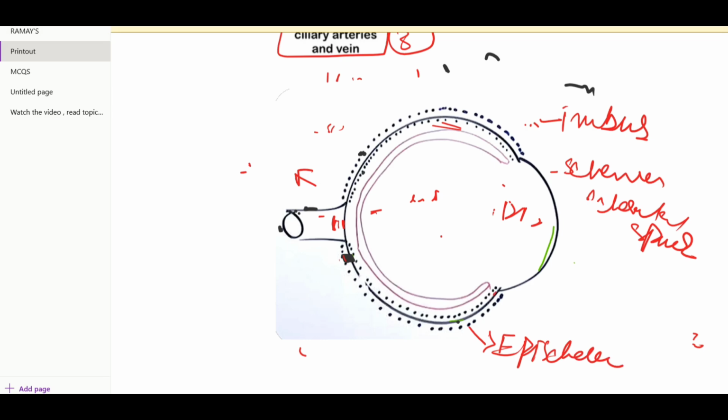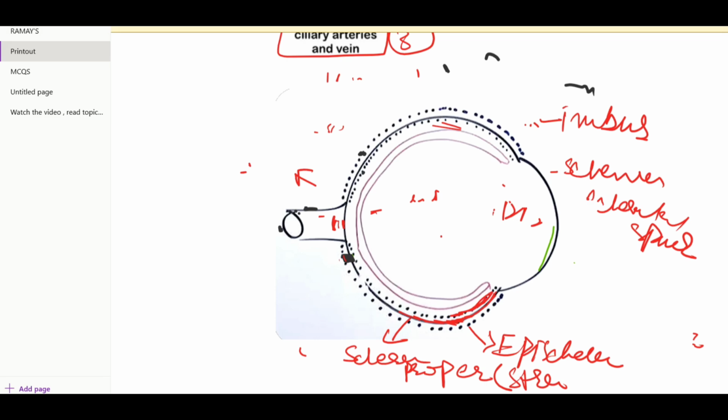Already I have told you that this is the sclera, or the sclera proper, or stroma. So two layers, and this layer here is known as the lamina fusca.